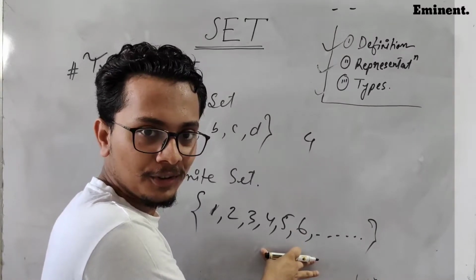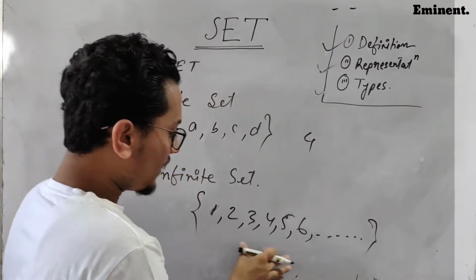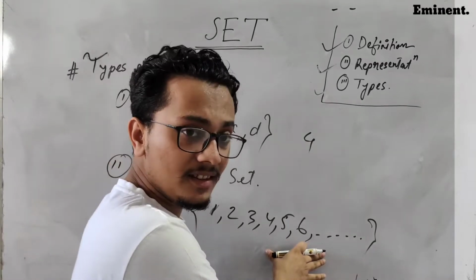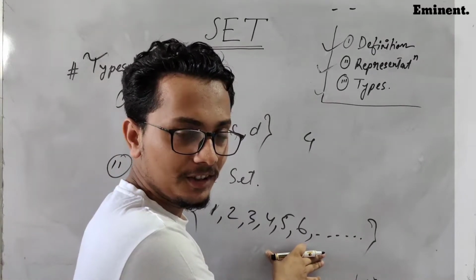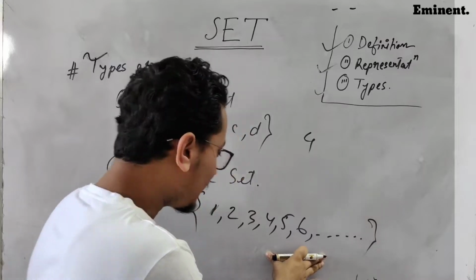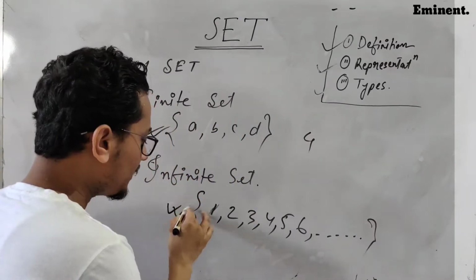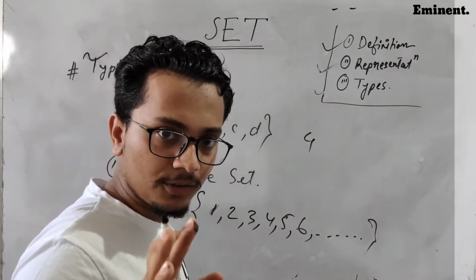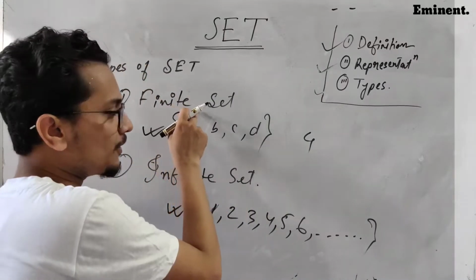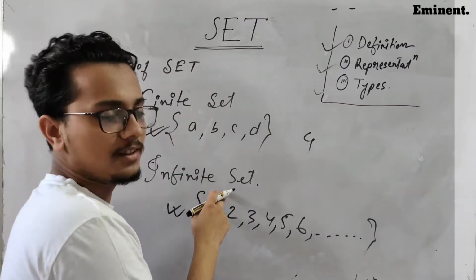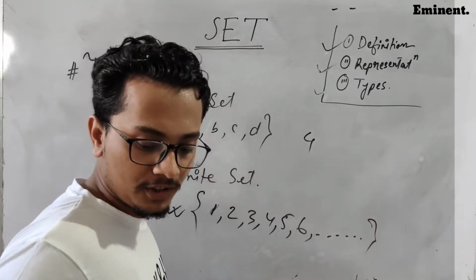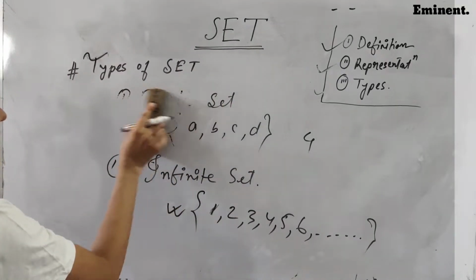You don't know? Can you count how many objects are there in this set? It is impossible to count, right? Then in this case, it will be an infinite set. Understood? I hope you understood what a finite set is and what an infinite set is. Let me proceed to the other types of set.